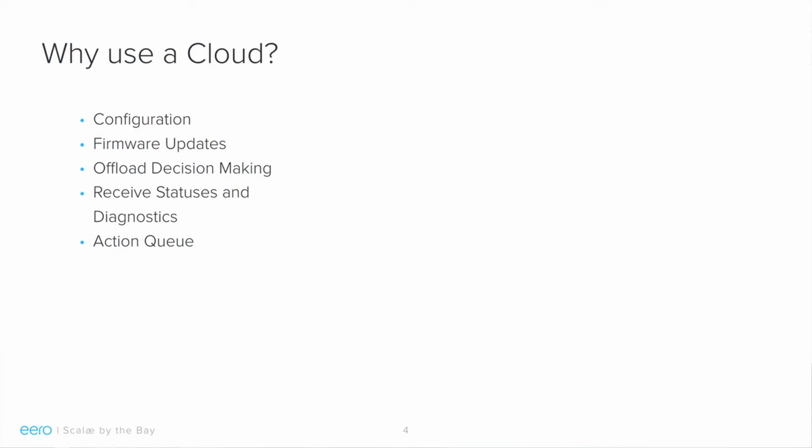So why use the cloud? In something that's traditionally not had a cloud component, why did we choose to go this way? Well, the first 2 up there, configuration and firmware updates, are something that we knew we wanted the cloud to manage. Especially if you have a distributed system of devices within the home, the cloud is a really nice thing to coordinate that, to elect a gateway and own the configuration rather than one of those devices having to have it.